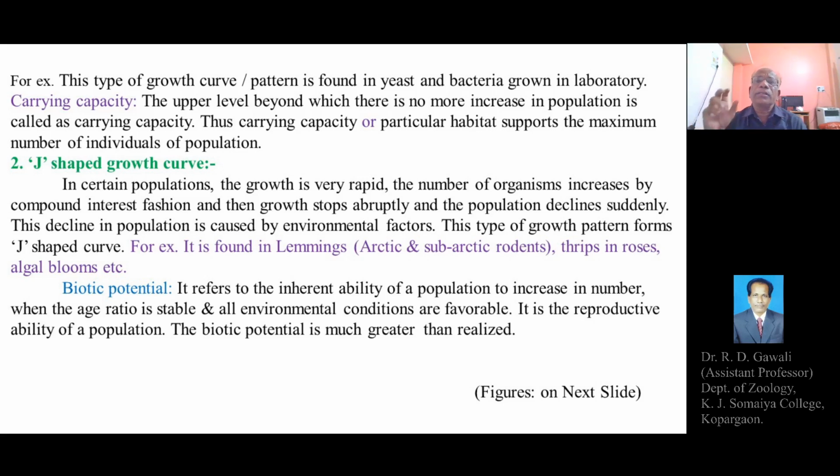requirements of the population, that are received by the members of the population from the environmental resource. This particular environment or habitat has a definite amount or a particular potential of providing the nutrients or the oxygen to the population.